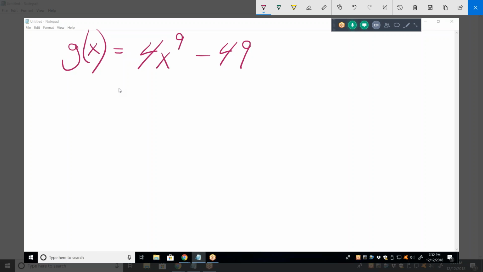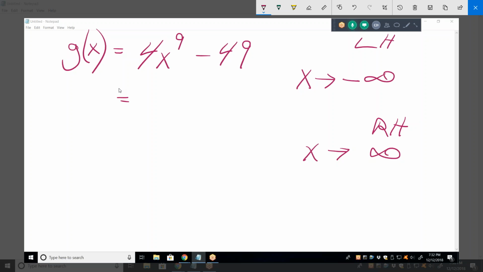And then the end behavior. Okay, so end behavior, there's two end behaviors. One as x goes to negative infinity, and one as x goes to positive infinity. This is left-hand end behavior. This is right-hand end behavior. Now, the easiest way to do these, for me, is to treat negative infinity like it's a number.